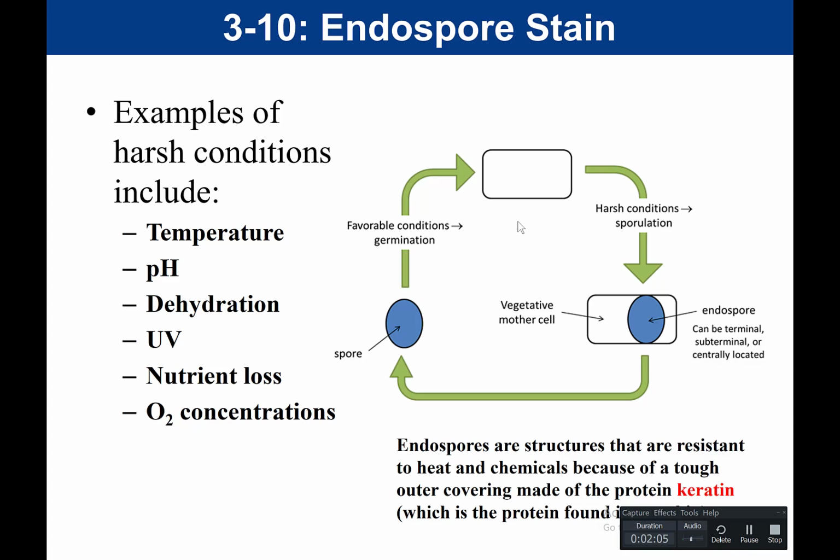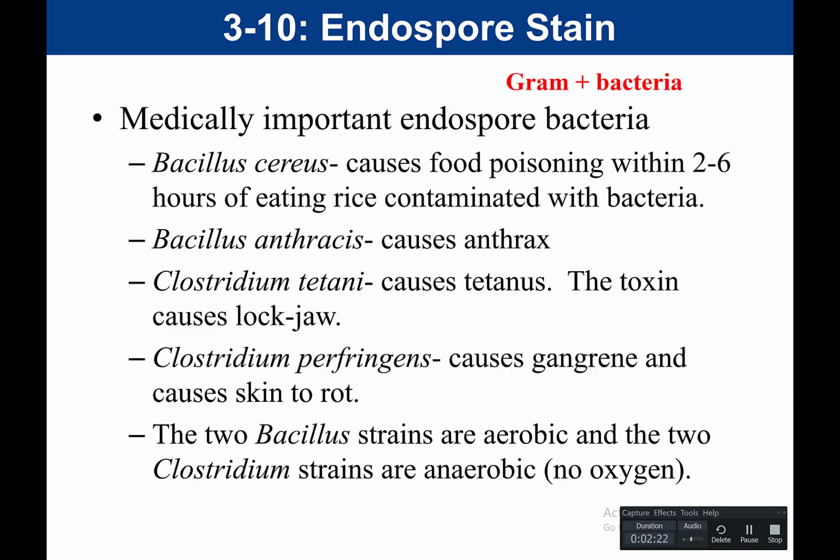So you want to know the purpose of the endospore. What is the name of the process when they form the endospore? What is the name of the process when they go back to being a vegetative cell? What is the endospore made of? What are the harsh conditions, etc.? In terms of examples of endospore-producing bacteria, again, you don't need to know the whole list. I gave you the organism that you would need to know, and that is Bacillus anthracis, your example organism of a bacteria that produces an endospore and that causes anthrax.